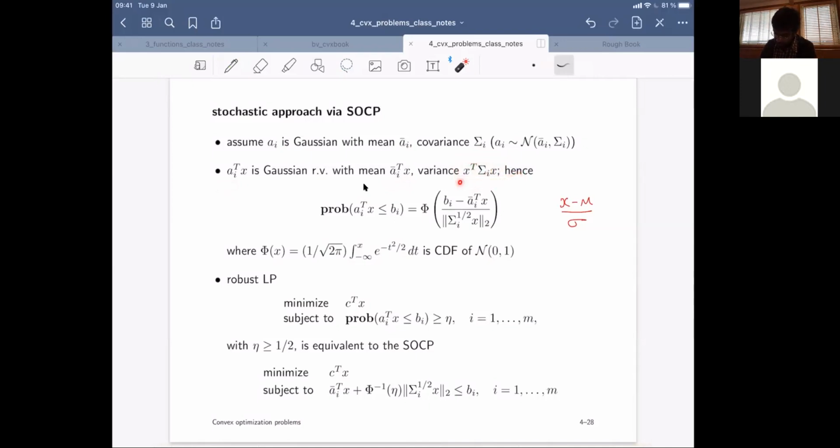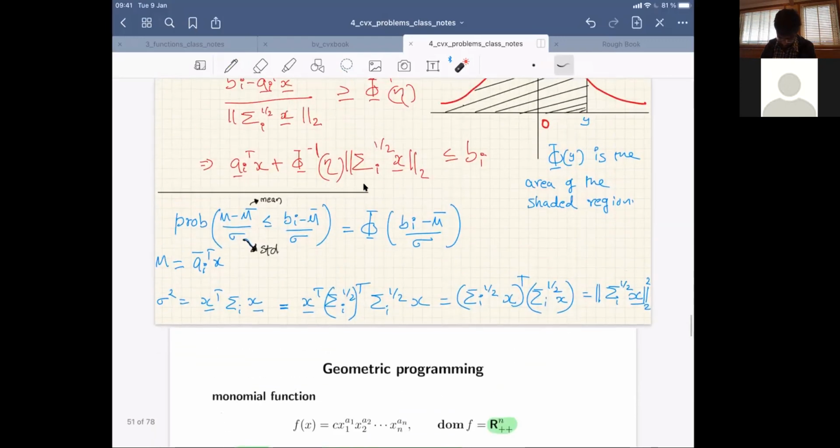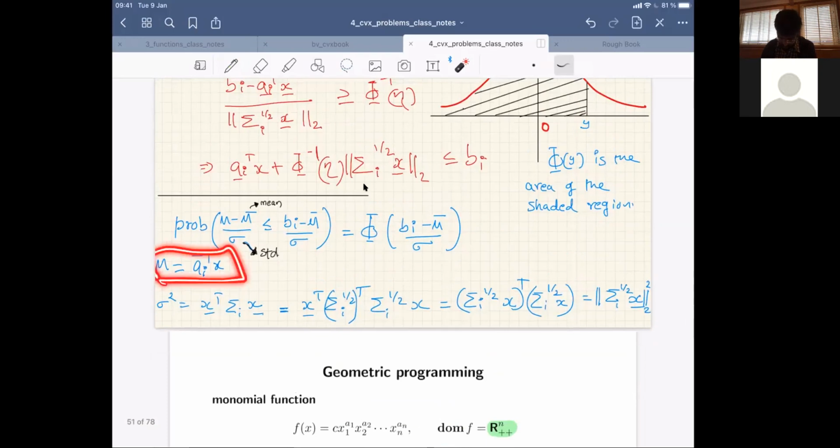Now you have to shift the mean by this amount, and the standard deviation corresponding to this. The variance of a transpose x will be this, and I can write that in this form, root of sigma into root of sigma, then do some rearrangement and I get this variance.